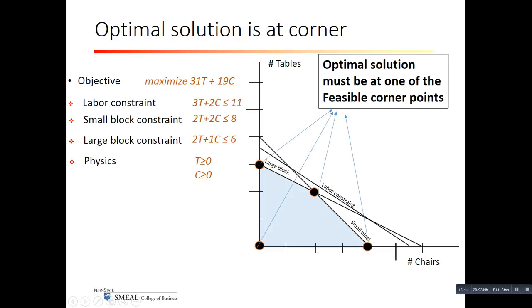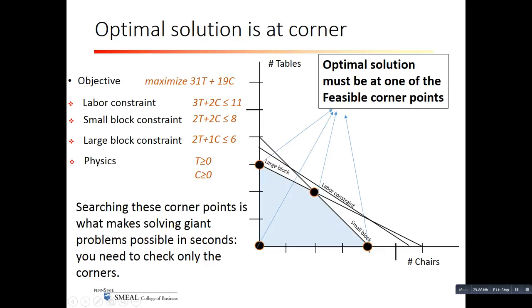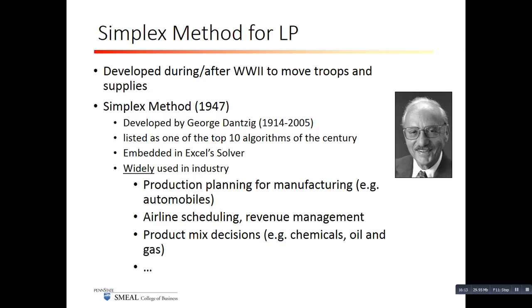In this case, we have these four corners, and instead of evaluating every point in the feasible region, which would be very computationally difficult, we only need to evaluate these corner points. In this case, we only have four corner points, which reduces the amount of computation significantly. We can write a computer algorithm to figure out what the corner points are, and this algorithm is called simplex, which was proposed by Professor George Dantzig.